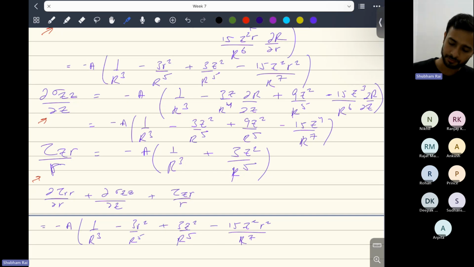Since I've taken minus a as common, minus a will be common from this term also. So finally you get 1 over r cube minus 3z square over r5 plus 9z square, so here I'm combining these two terms. 9 minus 3, it will be 6z square over r5. So I'm just writing here.